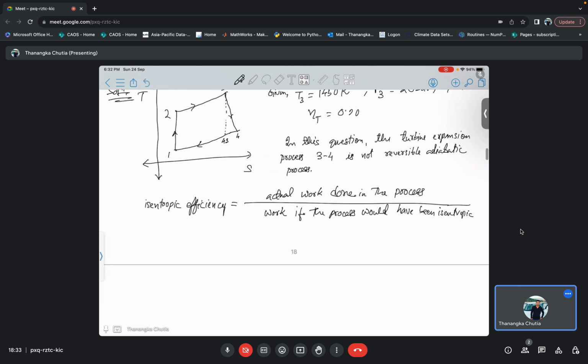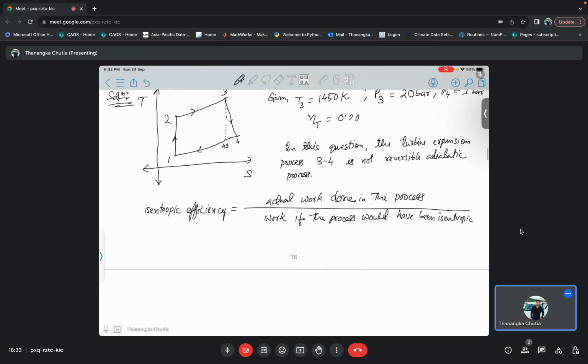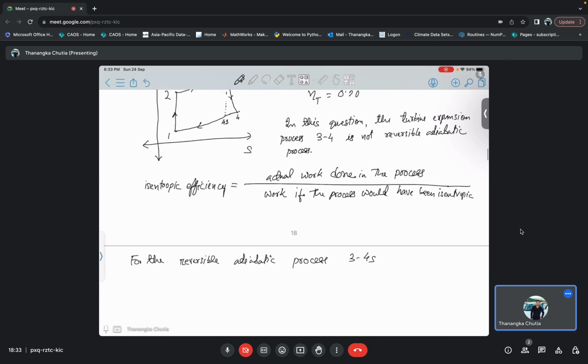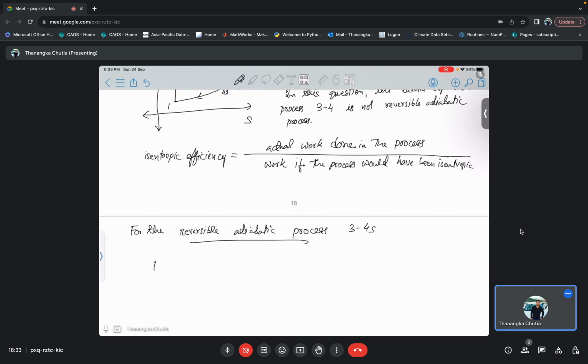Now if the process would have been isentropic, for the reversible adiabatic process 3 to 4s, not 4, 3 to 4s, we can write T3 by T4s is equal to P3 by P4s to the power gamma minus 1 divided by gamma.